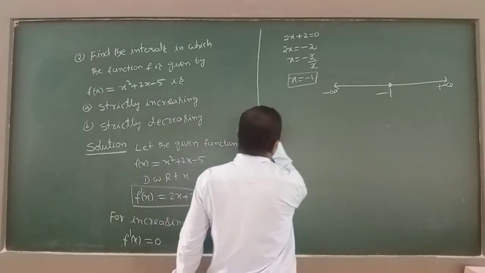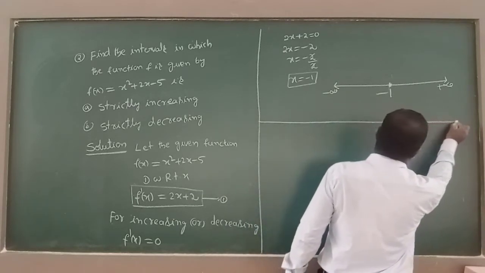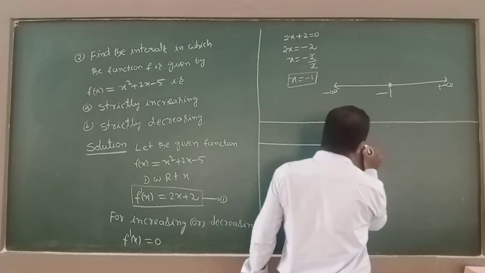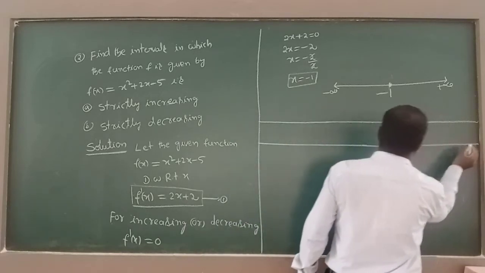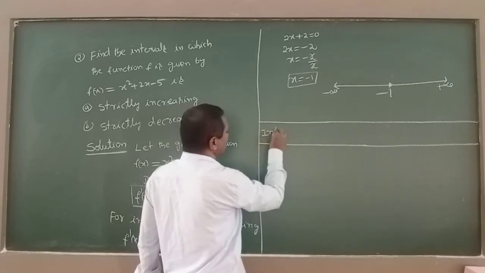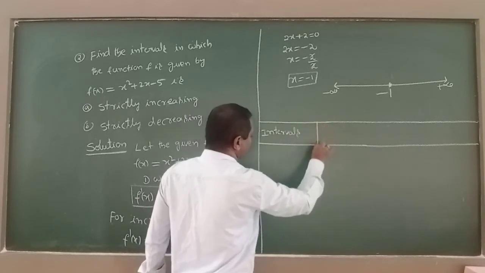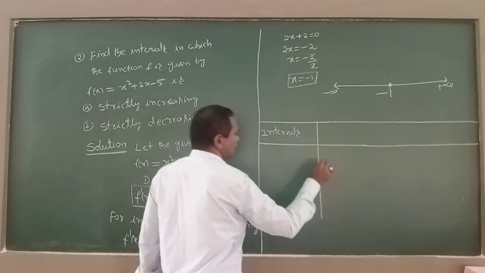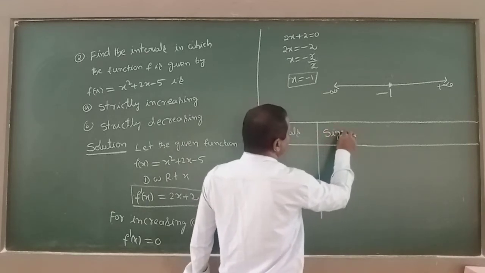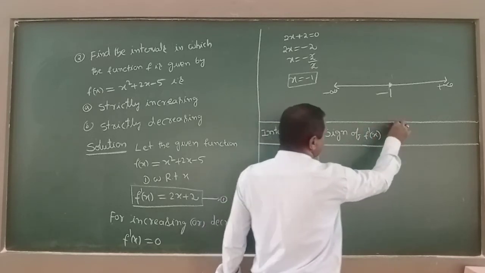The table. First column is intervals. Second column is sign of f dash of x.